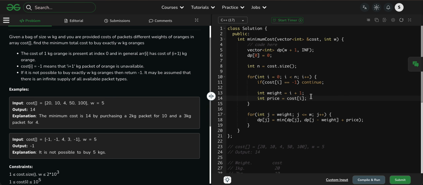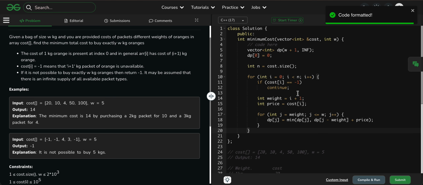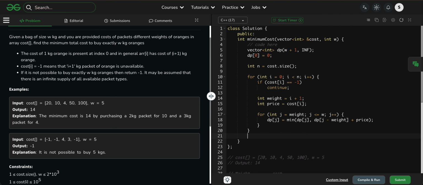Now I simply return dp[w]: if it is still infinity, which means we don't get anything, return minus 1, and if we can get it then return dp[w].